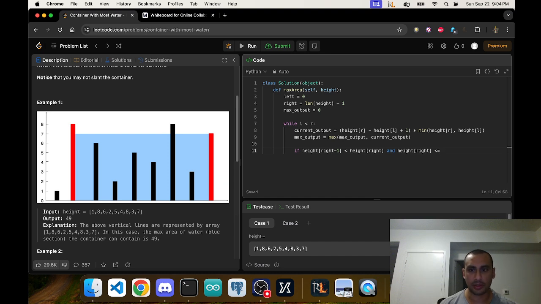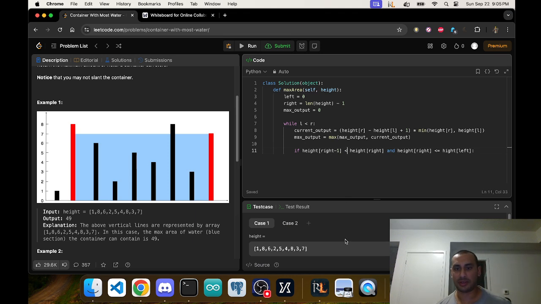Less than or equal to height at left. So basically whatever this is, I don't want to move it.